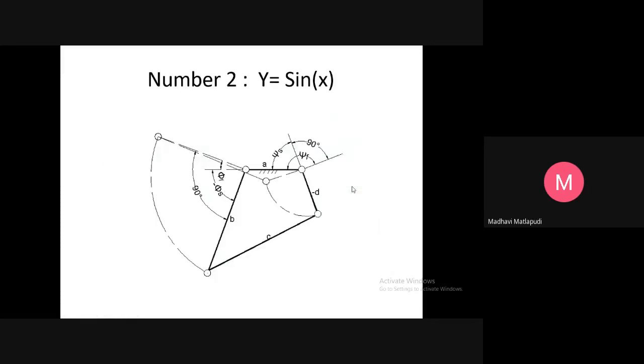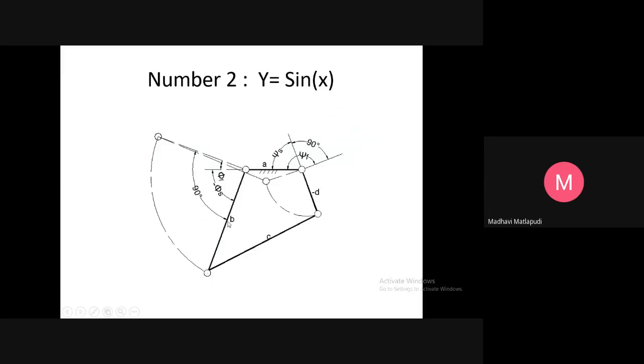Now let us see link number 2. Here the output link, that is D, will derive a sine function. So let us first understand. This is the link A as usual.